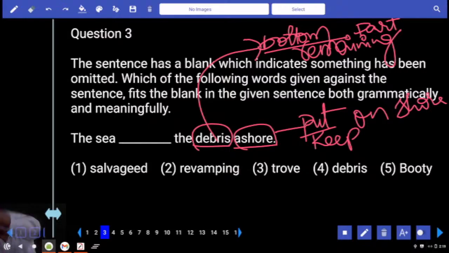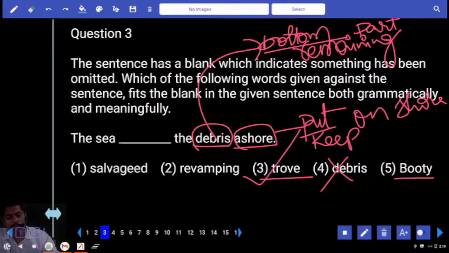And what happened? Due to waves, the sea pushed the debris onto the shore. That is the meaning. Salvage means the sea recovered the debris, modified the debris; trove, debris, booty.